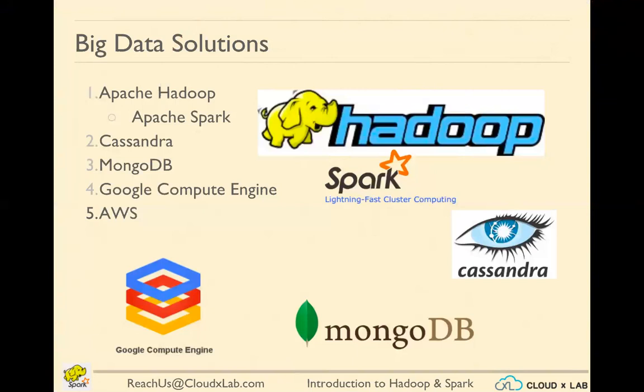The fact is that 4 and 5 are not really solutions, but platforms where you could build your own big data solution. I totally agree with you. But since there is no better way to put it, and we are trying to solve the problem of big data, that's why we're calling them big data solutions.